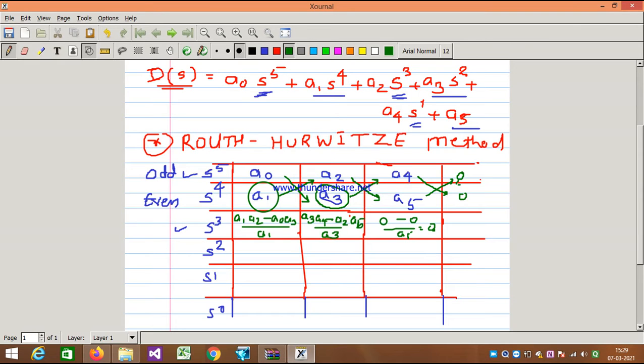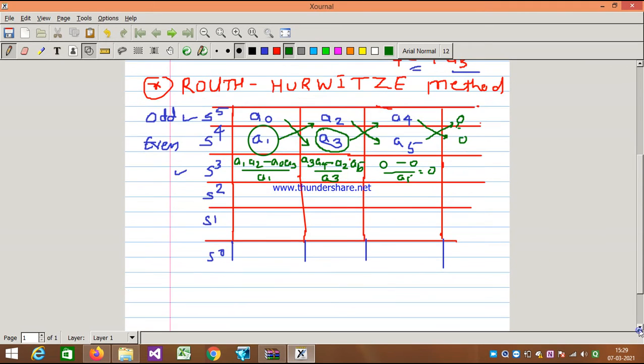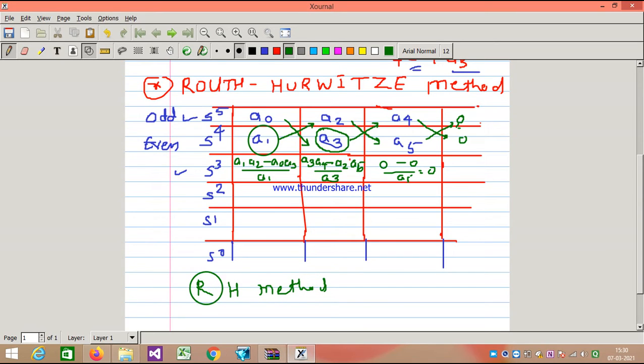This calculation, or this format or structure or table, is called the Routh-Horvitz method, or in short form this method is also called the RH method. What is the RH method? Routh-Horvitz method. R stands for Routh, H stands for Horvitz method.